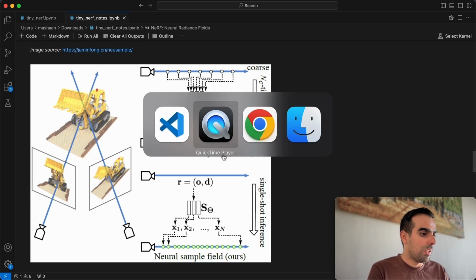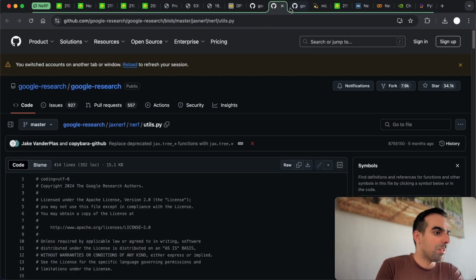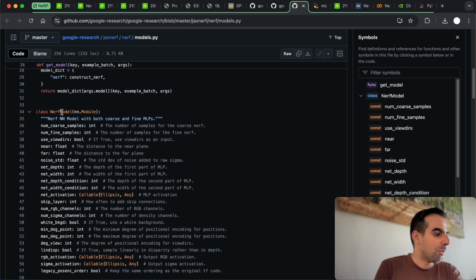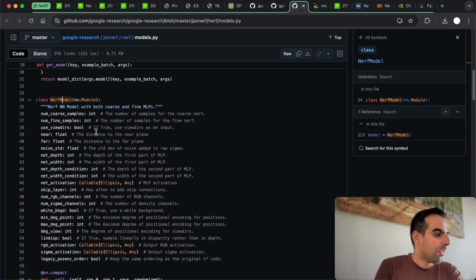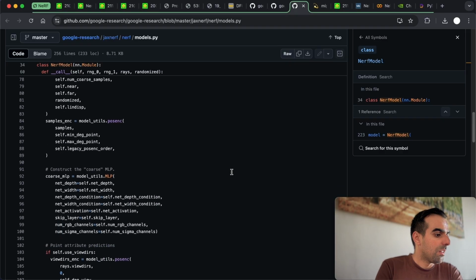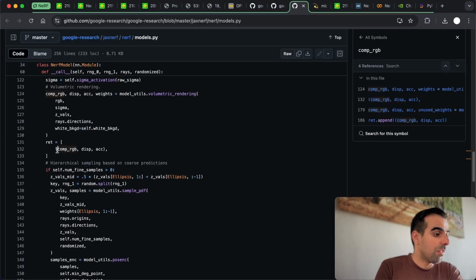This is pretty much clear in the JAX implementation. So if you go to the JAX implementation, you go to models. Here is the NeRF model. Number of coarse samples, number of fine samples. At first, it trains a coarse MLP, but then it starts the rendering from coarse points.